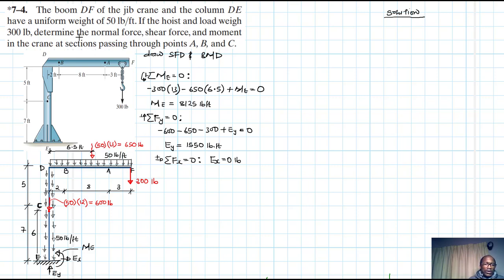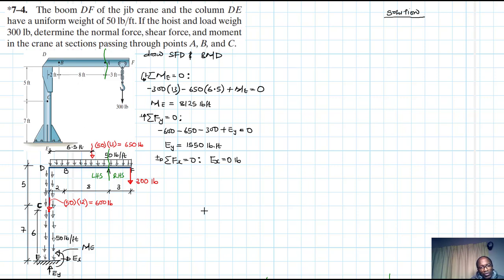Okay, so we'll do our section here at A, which is this point. I've done down also there. So we have the left hand section and the right hand section.